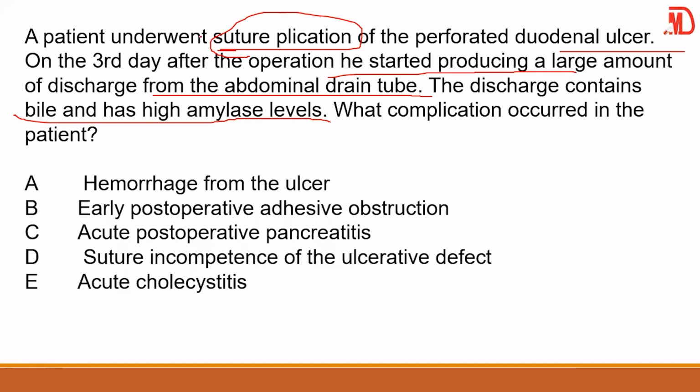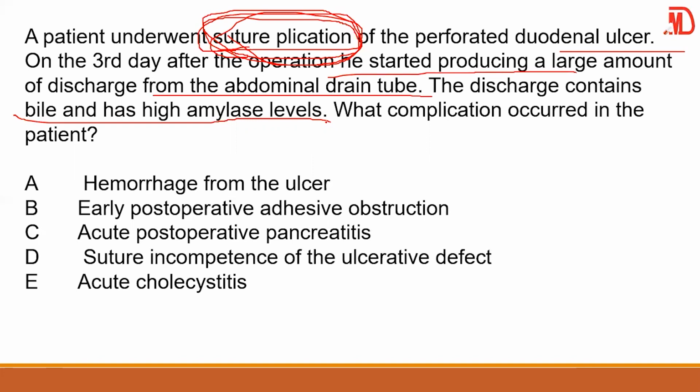A patient underwent suturing. Then after the suturing, 3 days later, we're having all of these things. So this means that there could be an incompetent suture taking place, or the suture was not done properly.